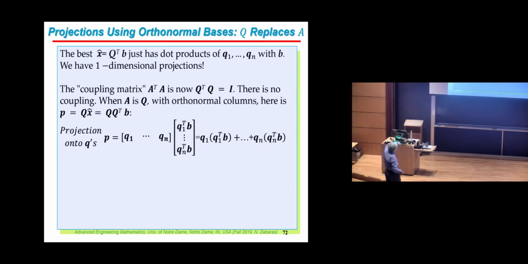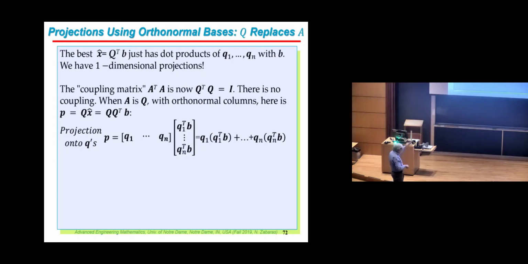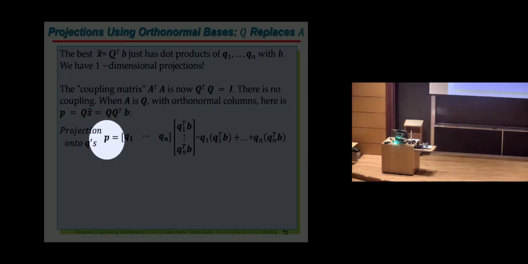Can you tell me what this equation is going to tell you if the Q matrix is a square matrix? If the Q matrix is square, it means it's invertible, and the vectors Q1 to Qn span the whole space. Then B is in the column space.